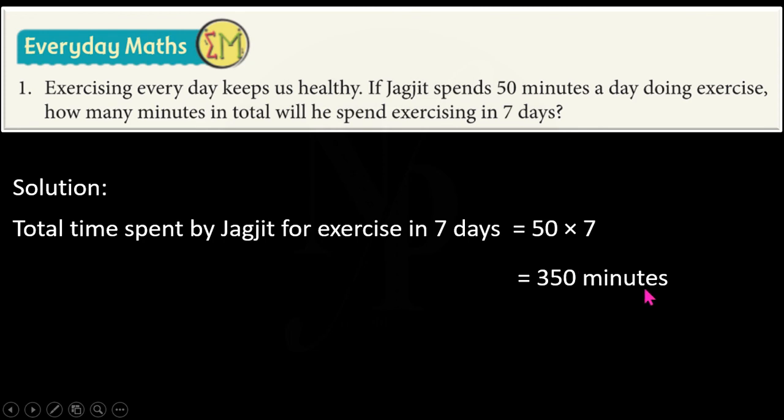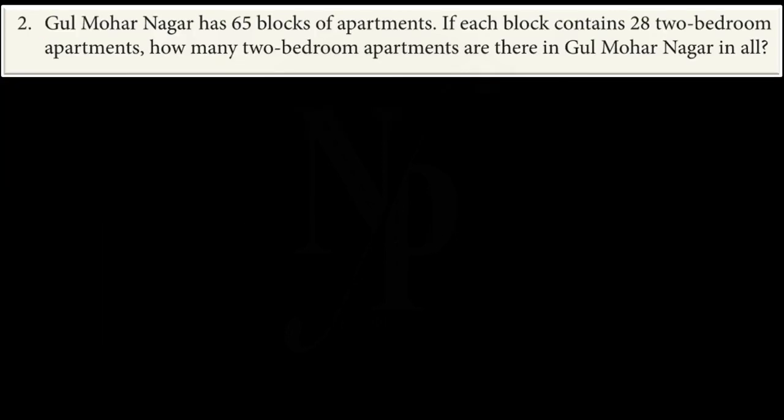Next question. Gulmohar Nagar has 65 blocks of apartments. If each block contains 28 two-bedroom apartments, how many two-bedroom apartments are there in Gulmohar Nagar in all? Solution.